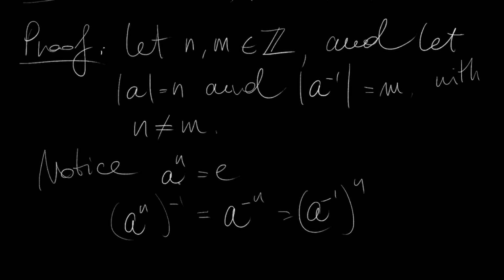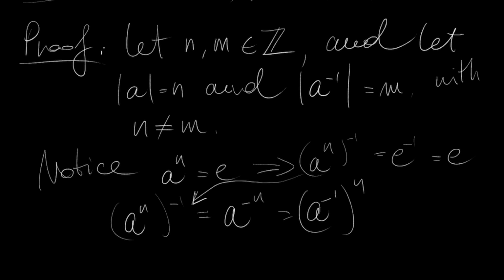On the other side, this also means that a to the power n, inverse, is equal to the identity inverse, which is still the identity. So if we chain these two lines, we get that this is also equal to the identity. And this is our first result.